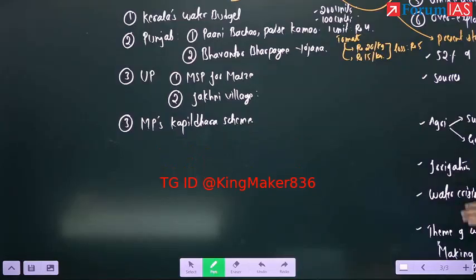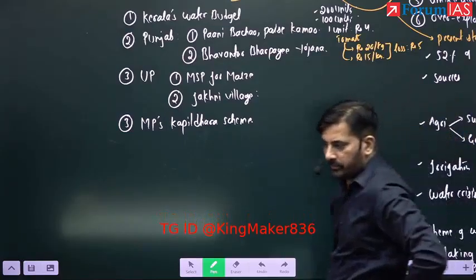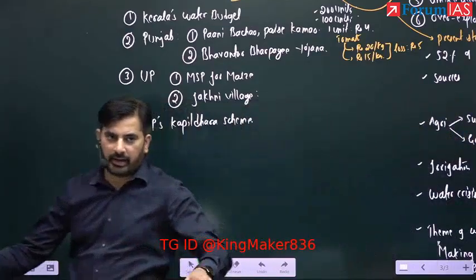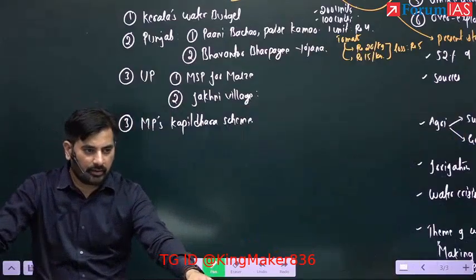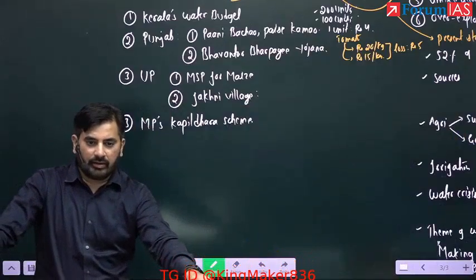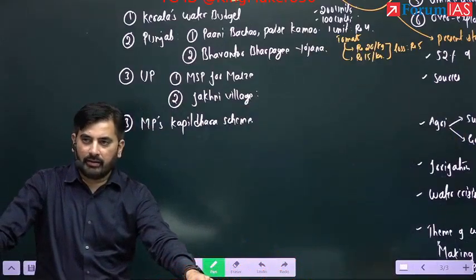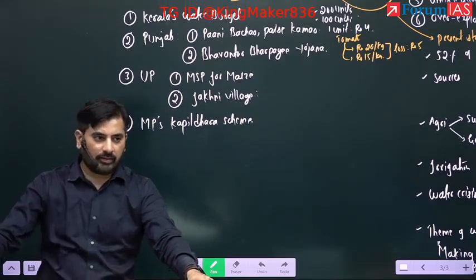You can put a hyphen and write: convergence between MGNREGA and rainwater harvesting.